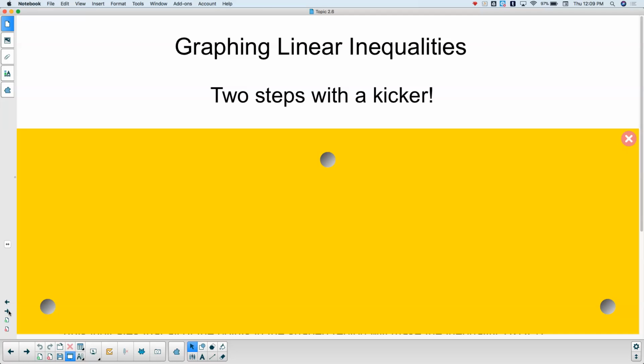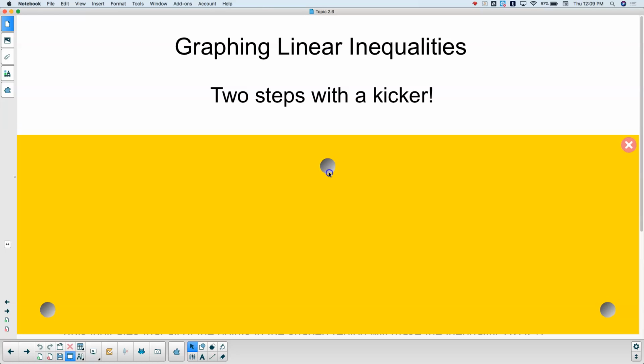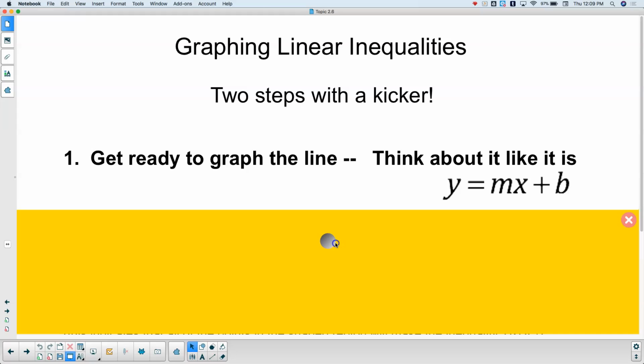So, graphing a linear inequality is 2 steps. Okay? But the second step has a kicker to it. The first step to graphing a linear inequality is you are going to think about it as if it were an equality.